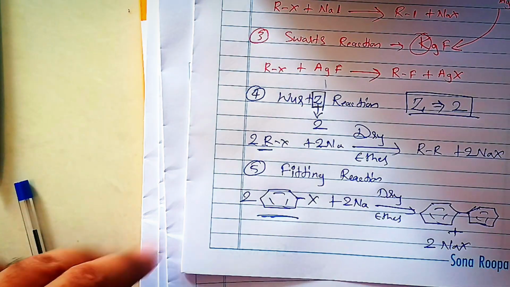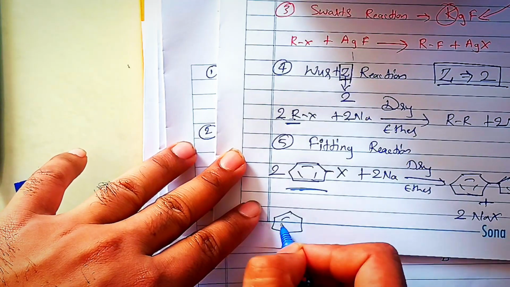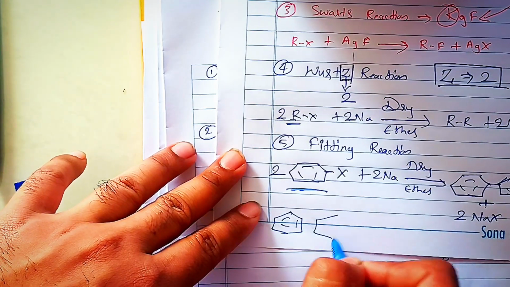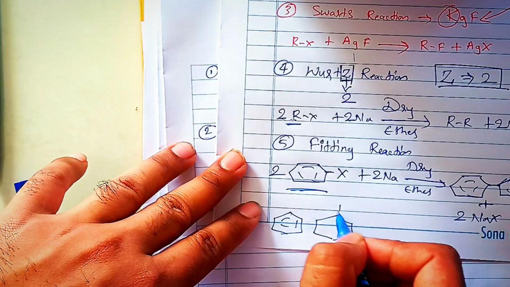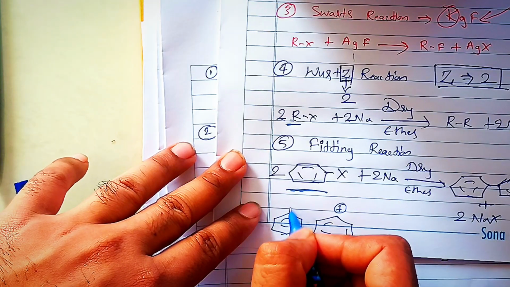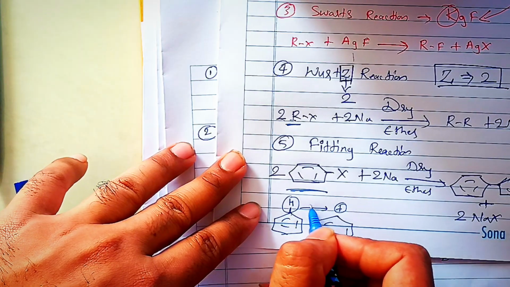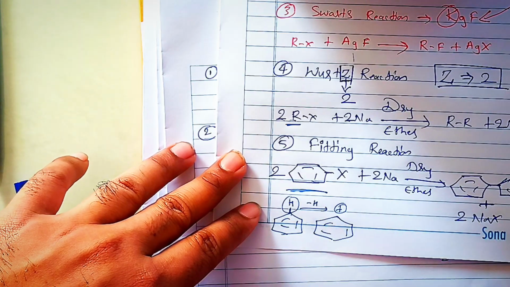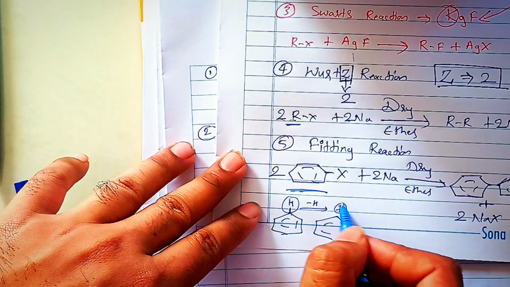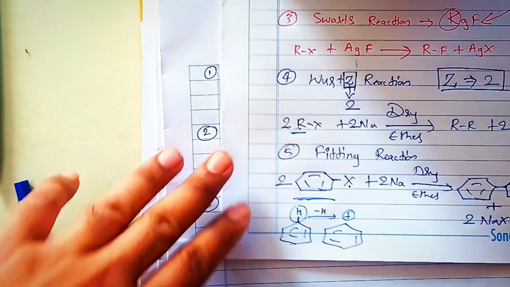What is the difference between phenyl and benzene ring? This is a benzene ring, and if there is a positive charge here, it means the hydrogen is removed to get the phenyl. In the presence of the positive charge we can add the halogen.